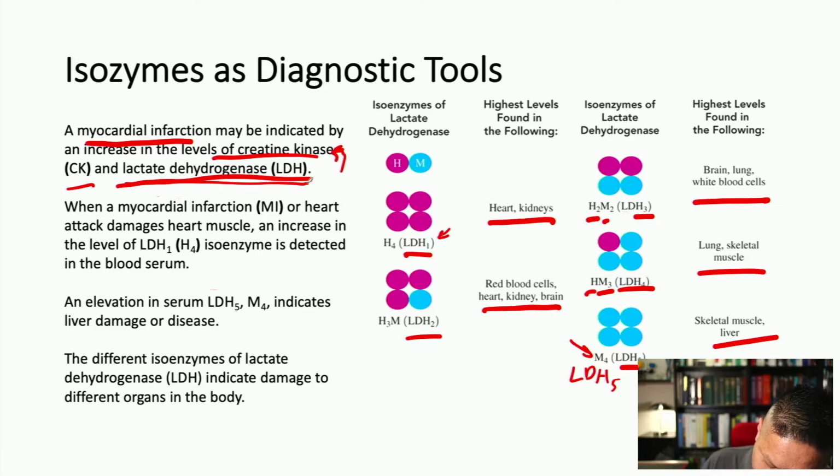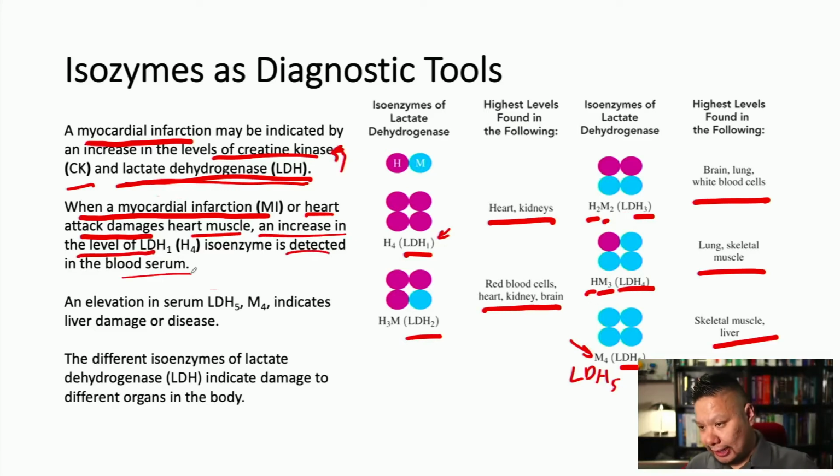When a myocardial infarction damages the heart muscle, there's an increase in the level of LDH1. You can detect that in blood serum, and that's how you can tell when someone's had a heart attack.